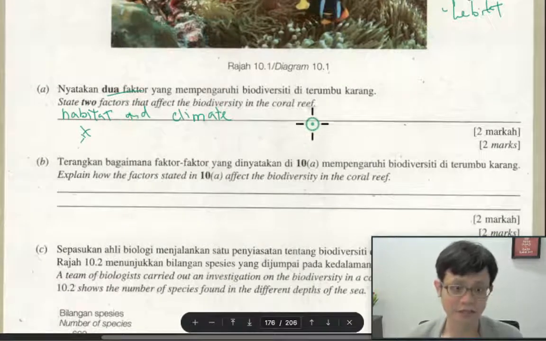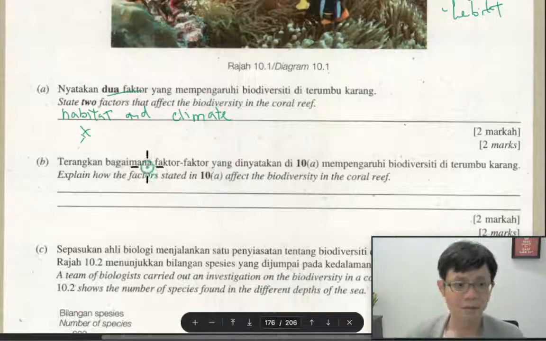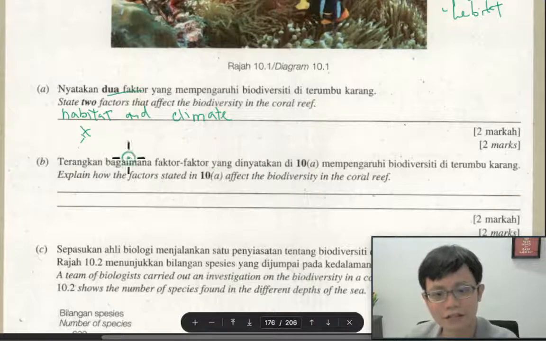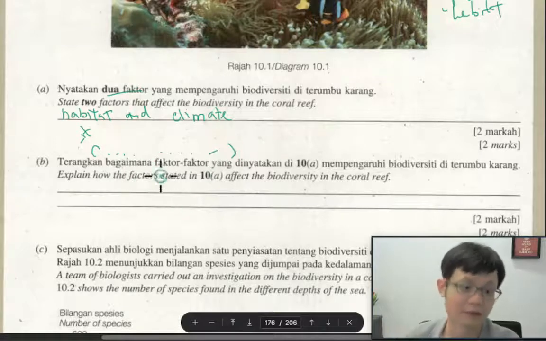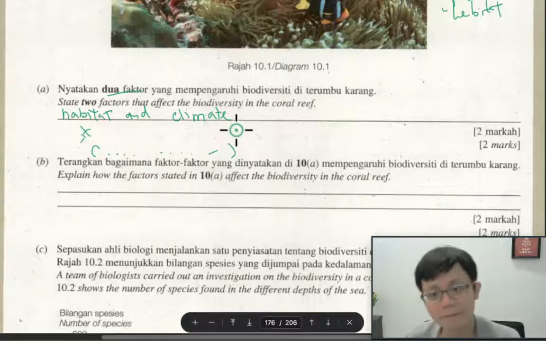Whatever correct answer the student gives, it should be correct rather than following the marking scheme. But the Malaysian marking scheme usually puts a bracket, any other suitable answer. But here they didn't put it. If they put it, then better. Then any suitable answer like pollution, I will still give correct.